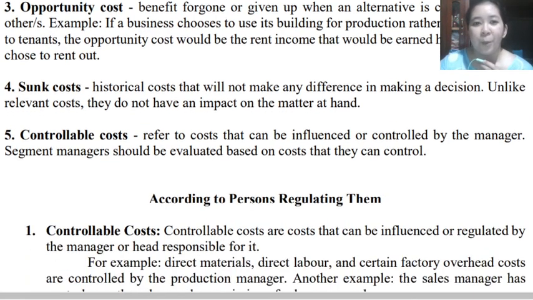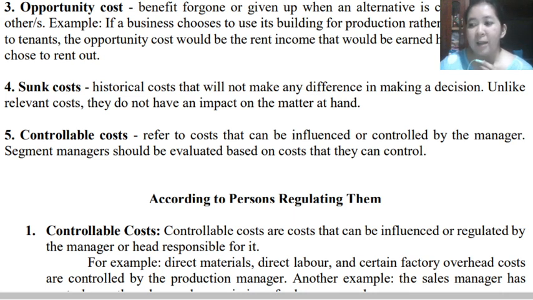What about sunk costs? Sunk costs are historical costs that will not make any difference in our decision making. Meaning, sunk costs are expenses which do not have a future benefit. Sunk costs are basically the opposite of relevant cost, so they do not have an impact on your decision.